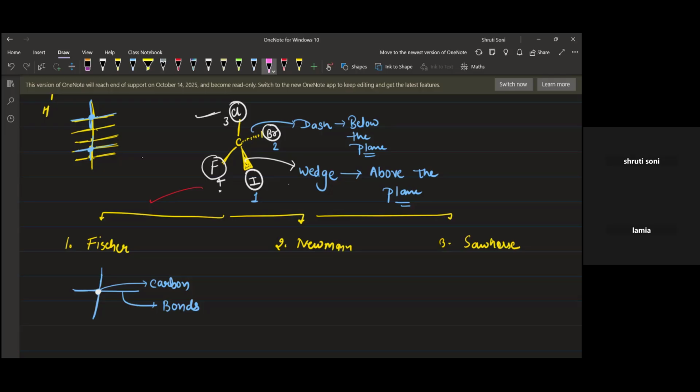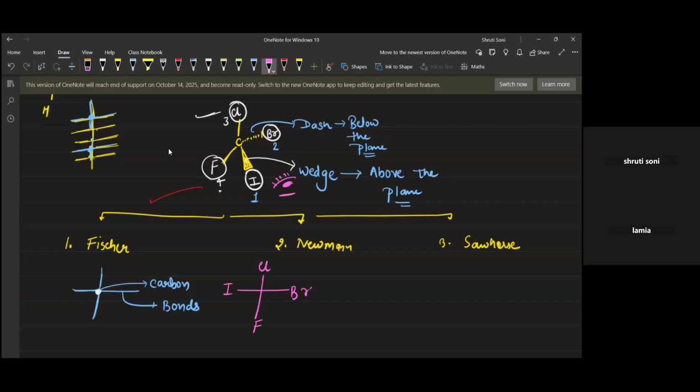Firstly, I am putting my eye here, in between the wedge and dash form. From this wedge and dash, I will see iodine and bromine like this, and chlorine and fluorine like this. Do you understand?